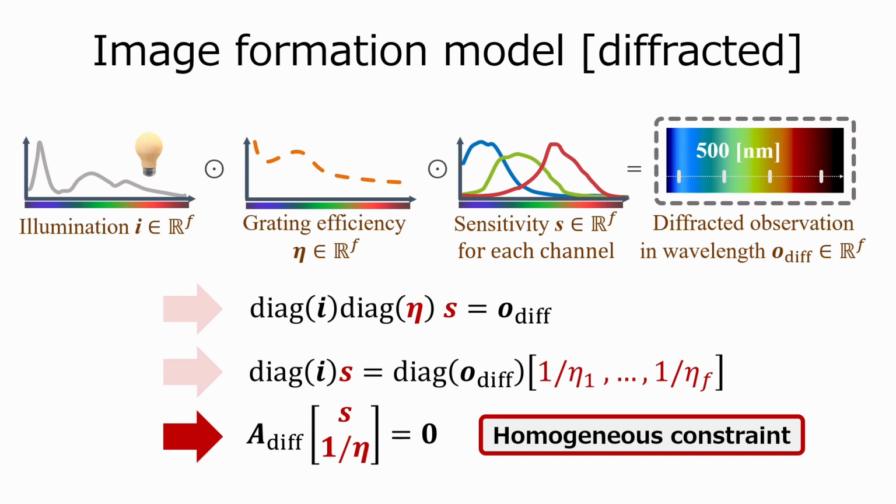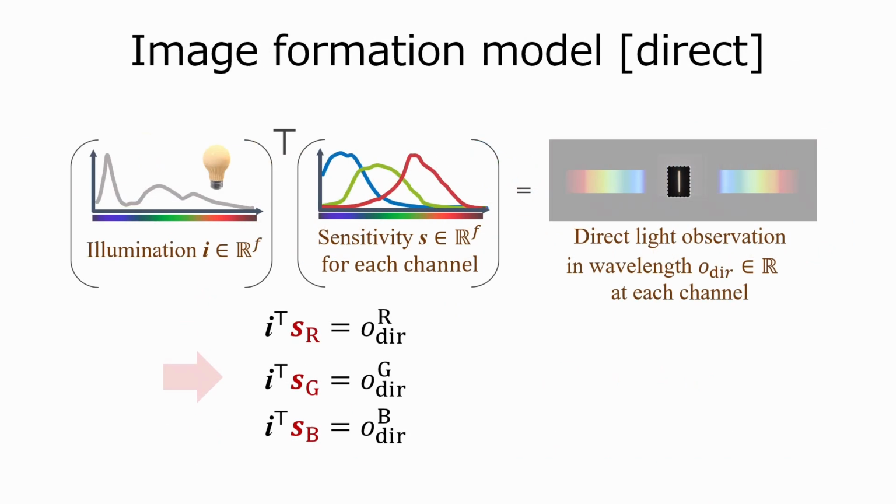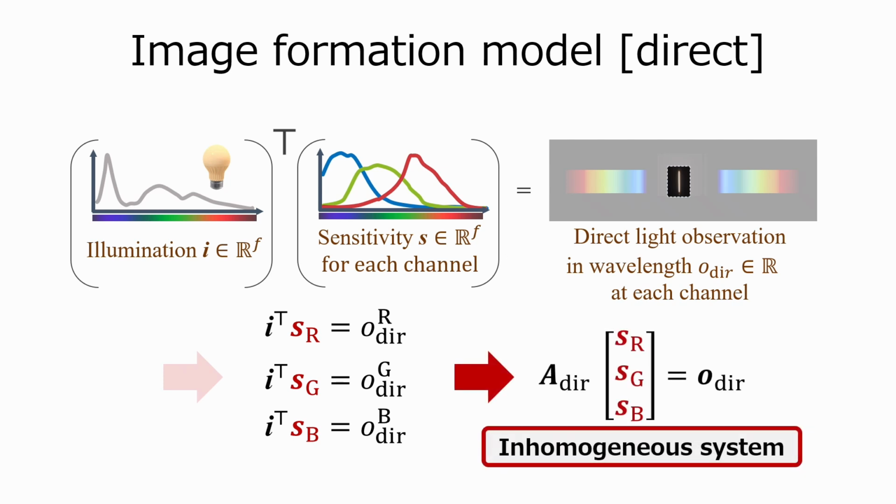Finally, this leads to a homogeneous constraint on the unknown diffraction grating efficiency eta and the unknown camera spectral sensitivity S. For the direct light image formation model, this is essentially equivalent to capturing the incident light without a diffraction grating. Therefore, it can be expressed as the inner product of the incident light I and the spectral sensitivity S. Based on the three RGB channels, we can derive three separate equations, resulting in inhomogeneous constraints on the camera's spectral sensitivity.